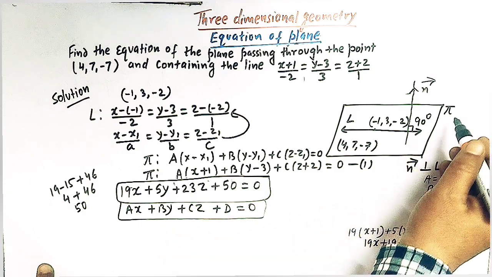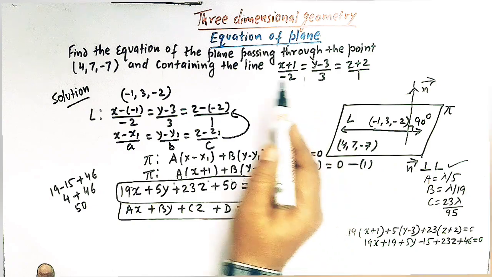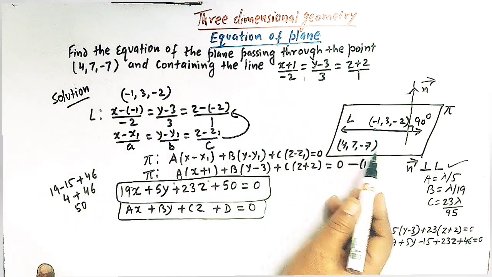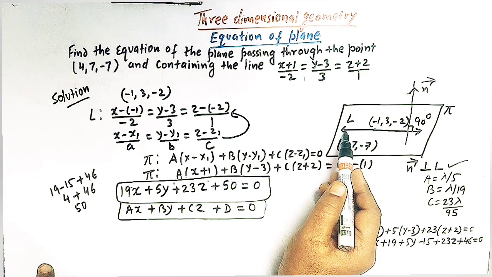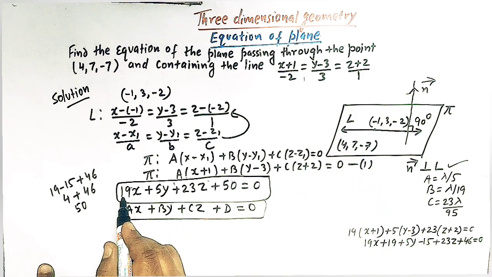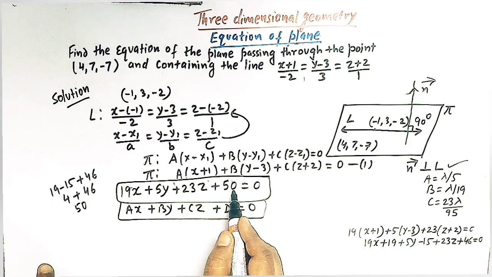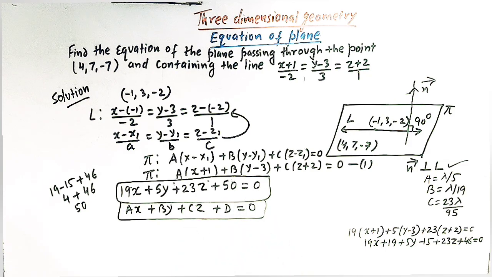So the required equation of this plane which passes through this point 4 comma 7 comma minus 7 and containing this line L is given by 19x plus 5y plus 23z plus 50 is equal to 0.